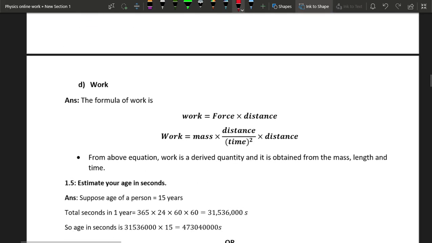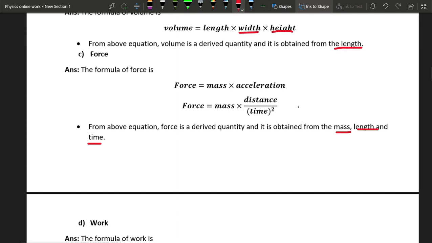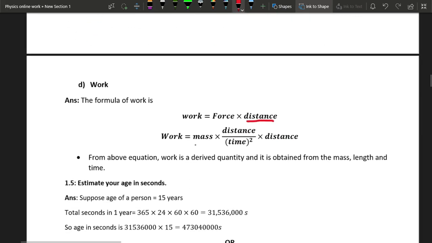Now work is defined as force multiplied by distance. Distance is already a base quantity because it is a length between 2 points, and force, you can see, is mass times distance divided by time square. So force is mass distance divided by time square into distance.